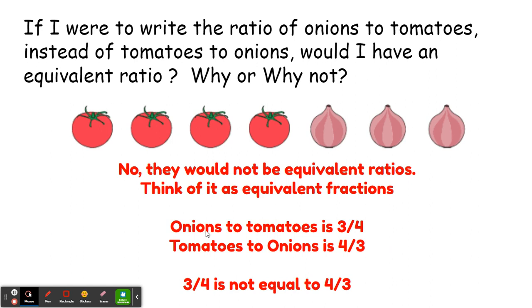I want you to think about it as if you have an equivalent fraction really. Onions to tomatoes is 3/4. Tomatoes to onions is 4/3, and 3/4 is not equal to 4/3. So you have to make sure that you keep your comparisons in order. If you switch it, it's not correct. You don't have the right ratio.